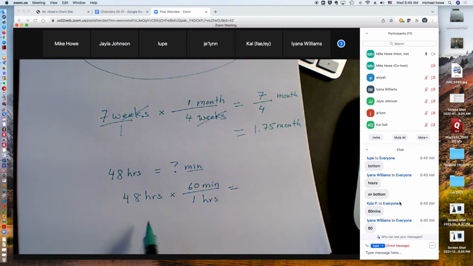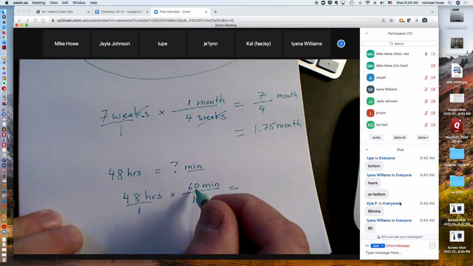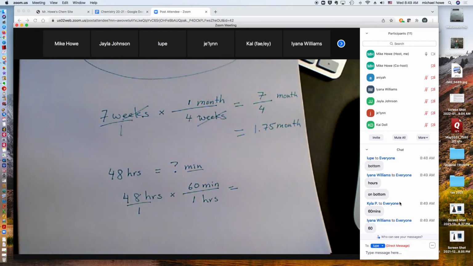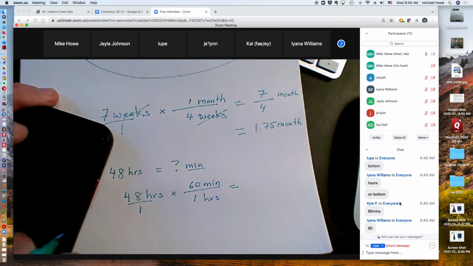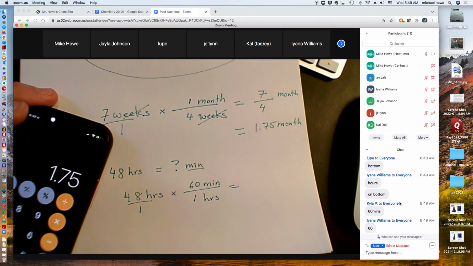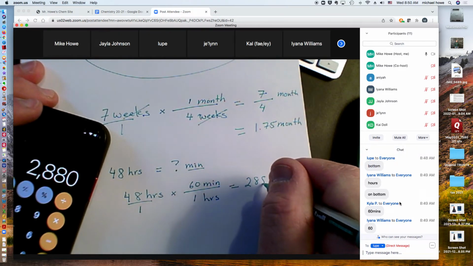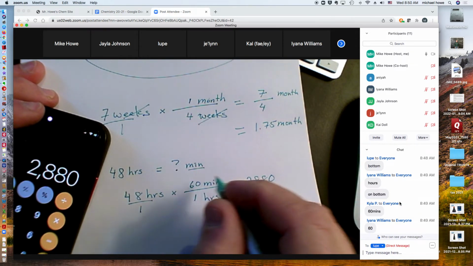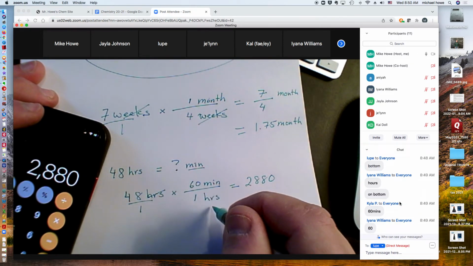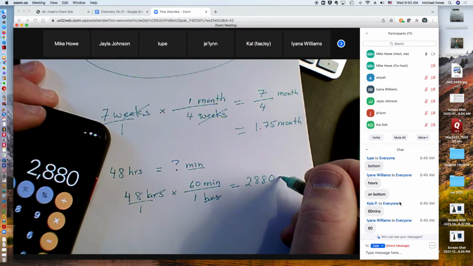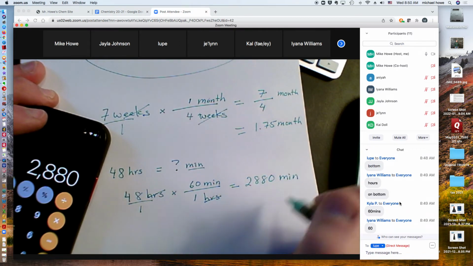So now, would you multiply or divide by that 60? 48 multiply by 60, right? So I'm going to have 48 times 60. So 2,880. And since hours cancel, our unit is minutes.